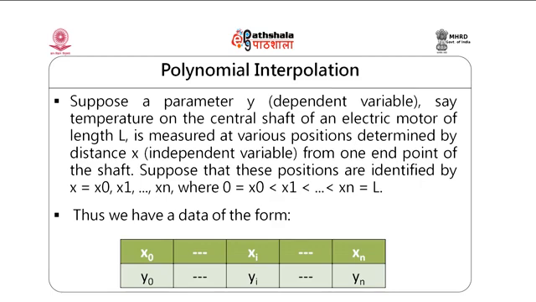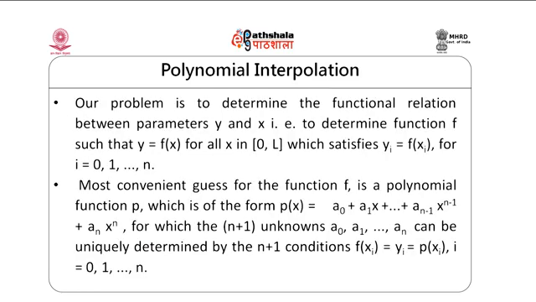Thus, we have data in the form of a table. The first row gives us the independent variable, starting with x0 and so on, xi, up to xn, and the second row gives us the dependent variable y0 and so on, yi, up to yn. Our problem is to determine the functional relationship between the parameters y and x.